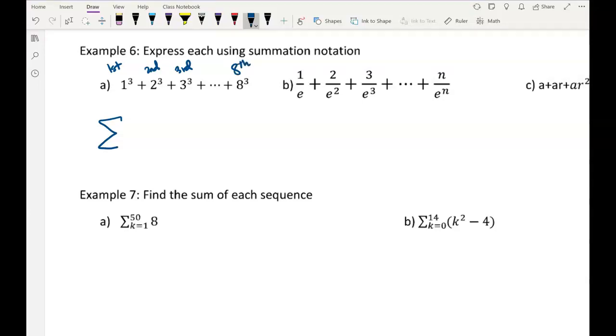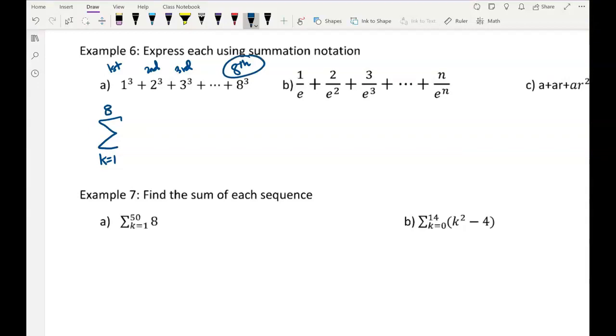Your summation notation, as you know already, the bottom of the summation notation is where what number we would like to start. Normally, I would say 99% of the time, I want to start with number 1. If we're starting at number 1, based on this sequence, we end at 8. So the top is the number that we would stop.